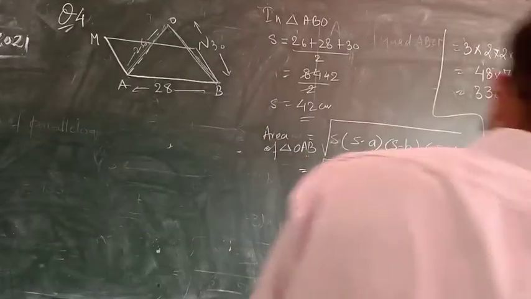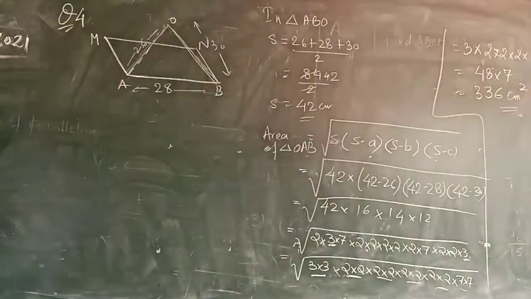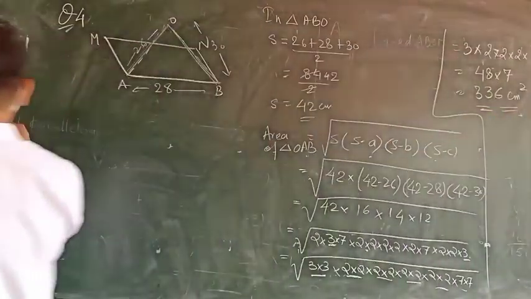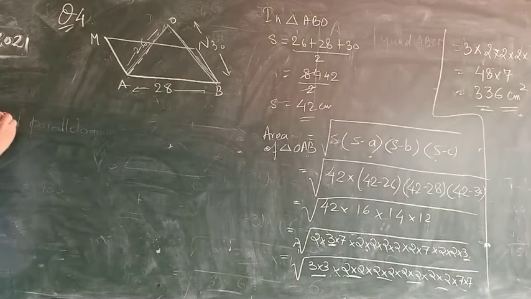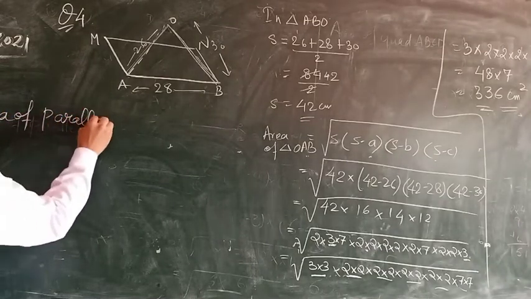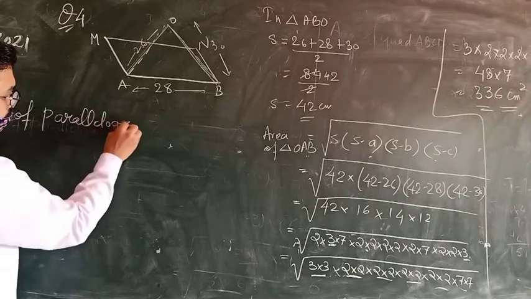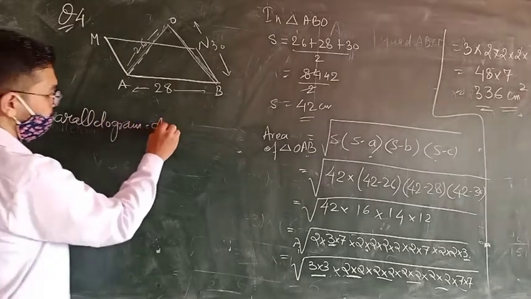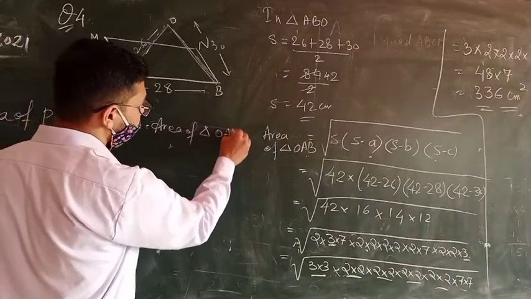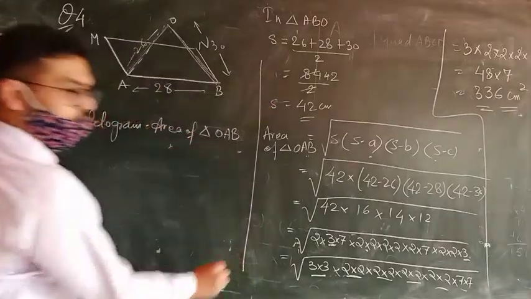Now, this is the area of the triangle. Now you can say the area of the parallelogram is equal to the area of triangle OAB, because they are formed on the same base.